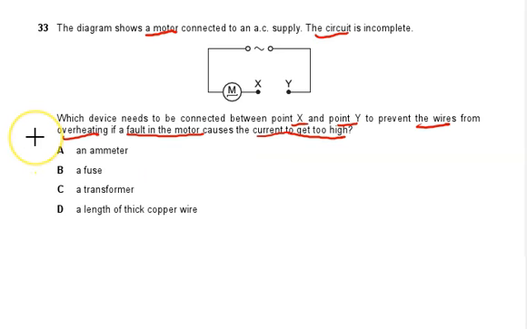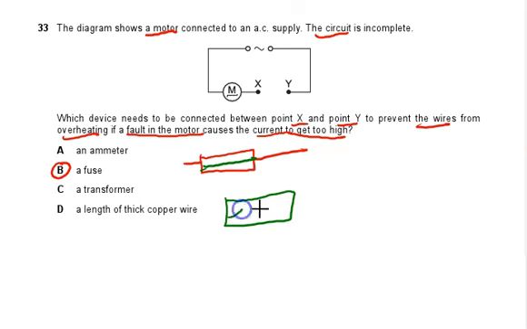So we have to put here a fuse. A fuse is the cheapest protection method. Inside here you have a wire. If it overheats, this wire will get disconnected, and you won't have the current flowing. Okay, so this is for number 33.